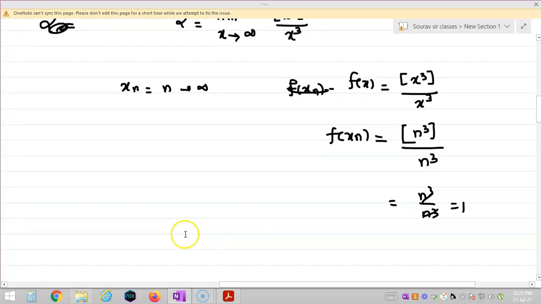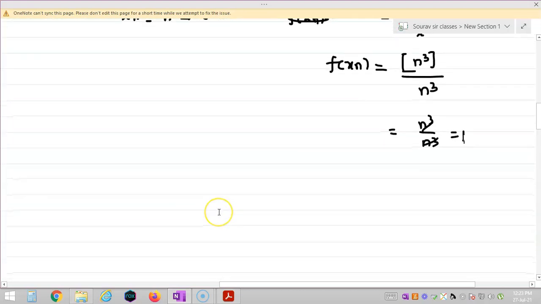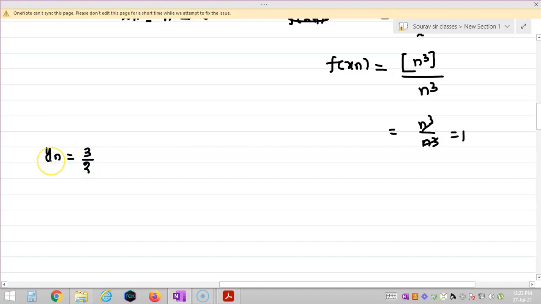Next, I am choosing a sequence yn equal to 3 by 2 times n. This yn again tends to infinity.